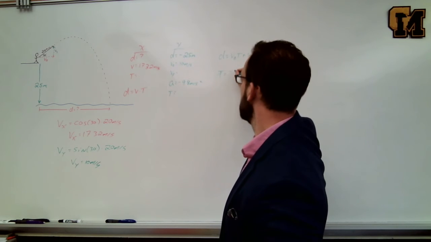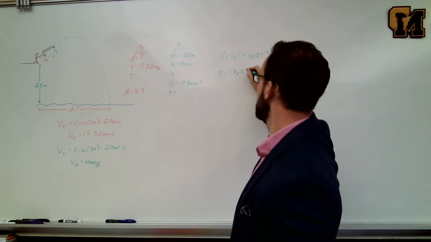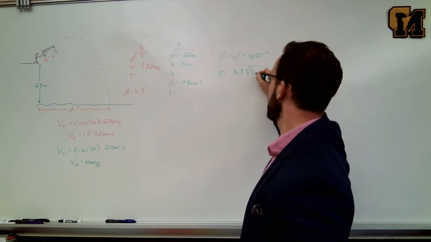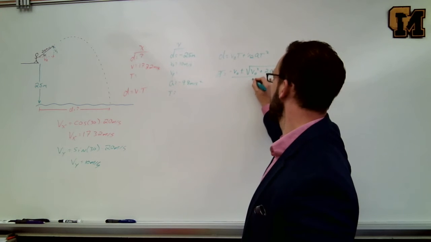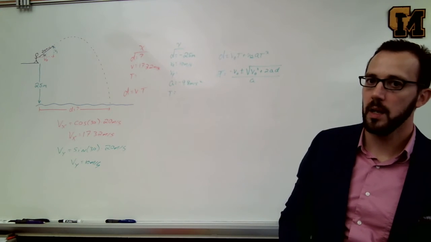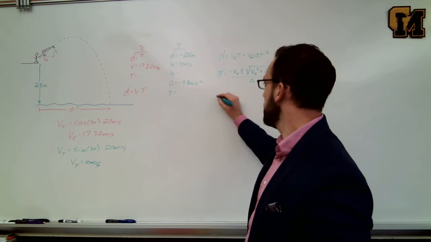Time equals negative v naught plus or minus the square root of v naught squared plus 2ad, all over a. So I'm going to take that, I'm going to plug all of my numbers in.